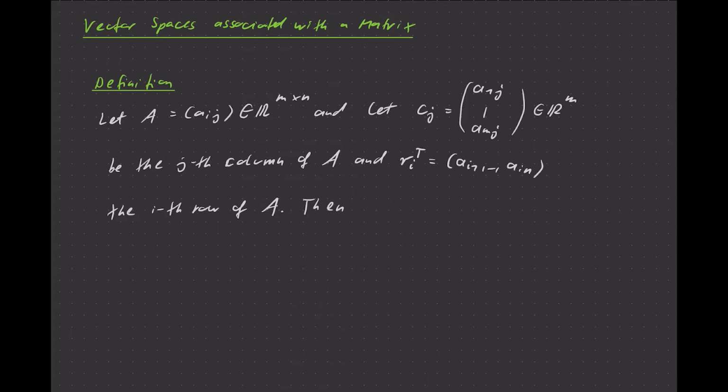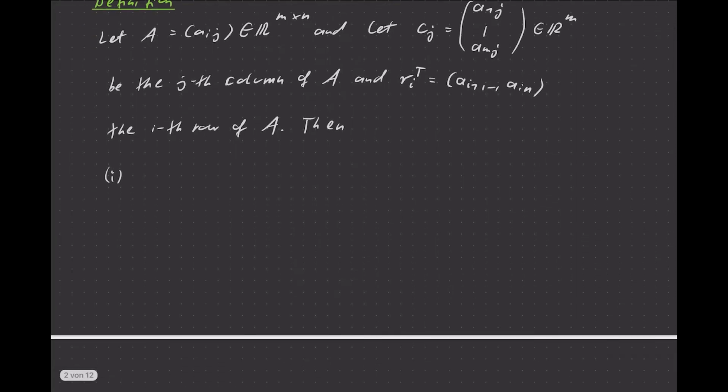And then we introduce the following vector spaces. The first one is going to be the column space.